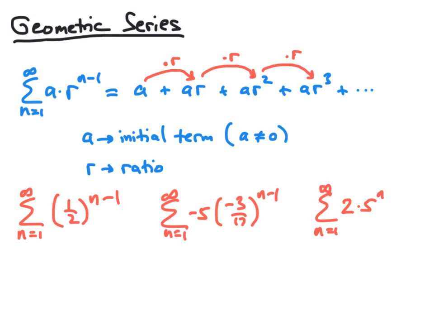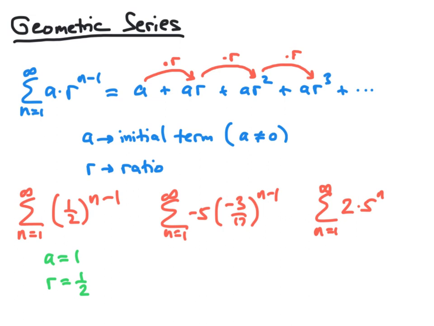Here are three very basic examples of geometric series. Our first one, we have the sum n equal 1 to infinity of 1/2 to the n minus 1. So here we can think of this with an initial term a of 1 and a ratio of 1/2. We have 1 times 1/2 to the n minus 1.